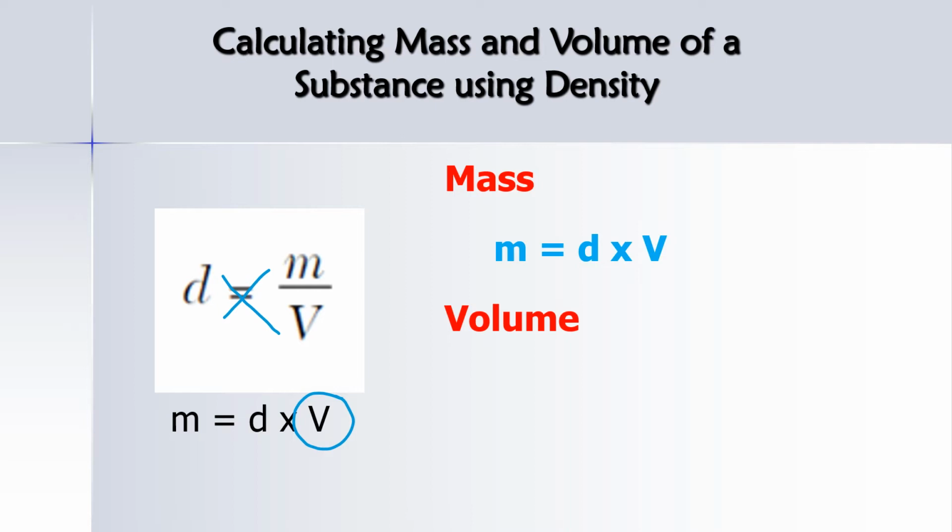What you can do to make that possible is divide by density on both sides of the equation. When we do that, we can cancel out density on the right hand side, and now we just have it on the other side. So the equation for volume then becomes mass divided by density. And that's what we can use if we know the mass of something, and we can use the density to find its volume. Okay, so once again, these two equations are not given to you guys anywhere, so you will have to memorize them. Make sure they are copied down somewhere in your notes.